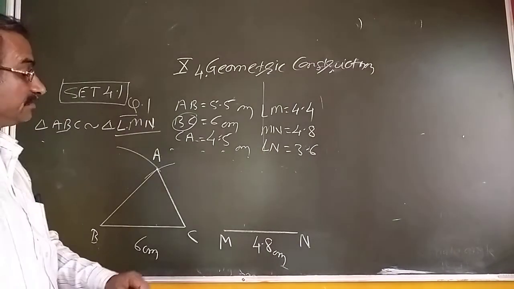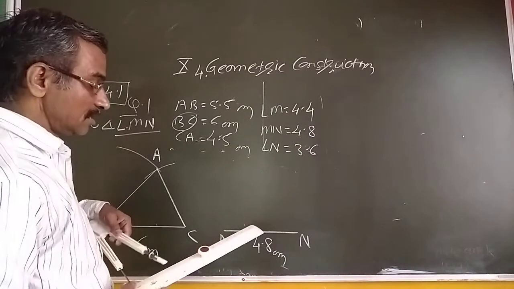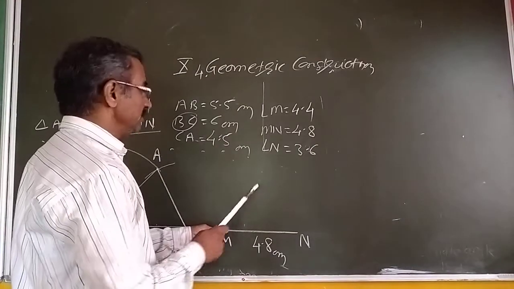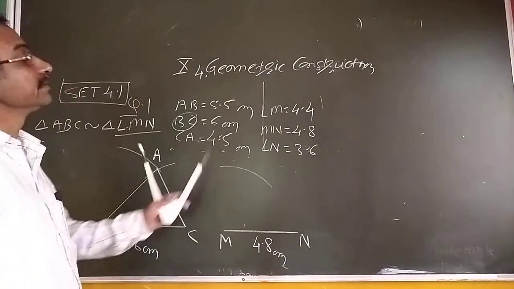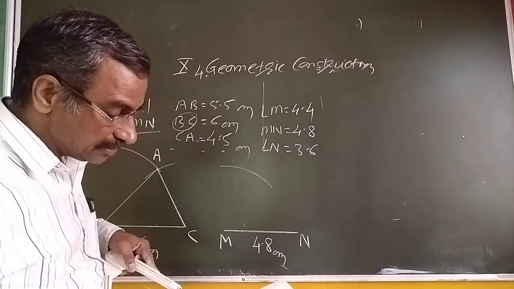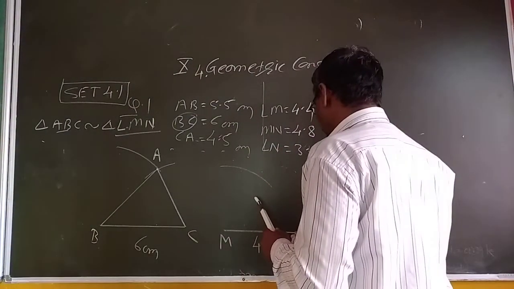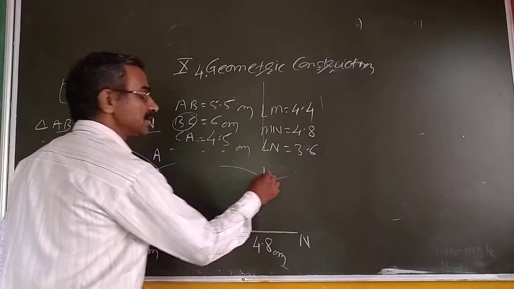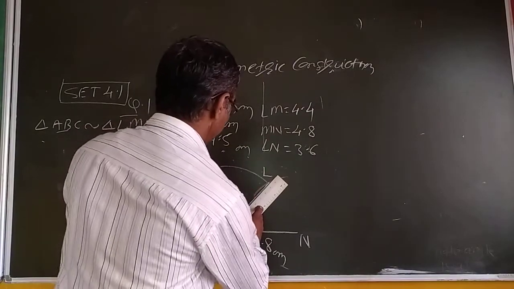Then LM is 4.4, so I am putting it on M and making the arc. Then LN is equal to 3.6, taking it on N, we are marking. So we get the point of intersection as L, and we join LM and LN.